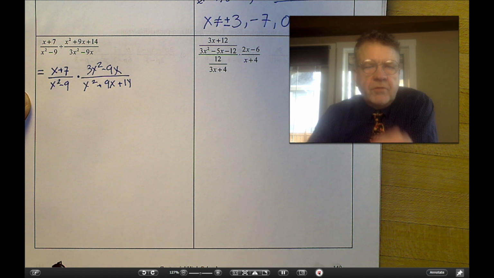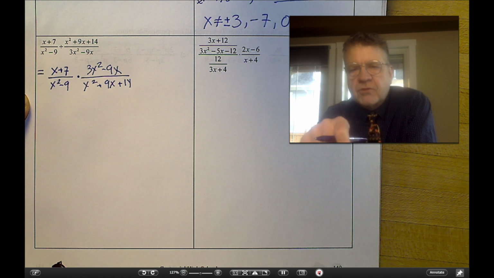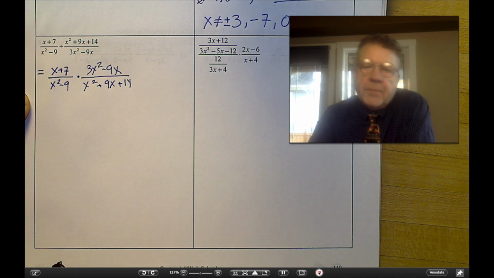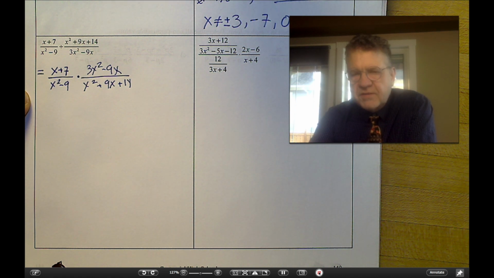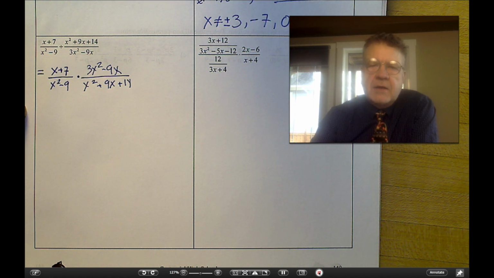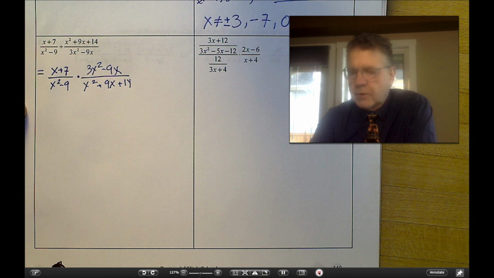Okay, so you've just done the inversion of the second term and then changed the operation to a multiplication operation. We're good to go. Resist the urge to expand the polynomials. It will only lead to ruination and sorrow.